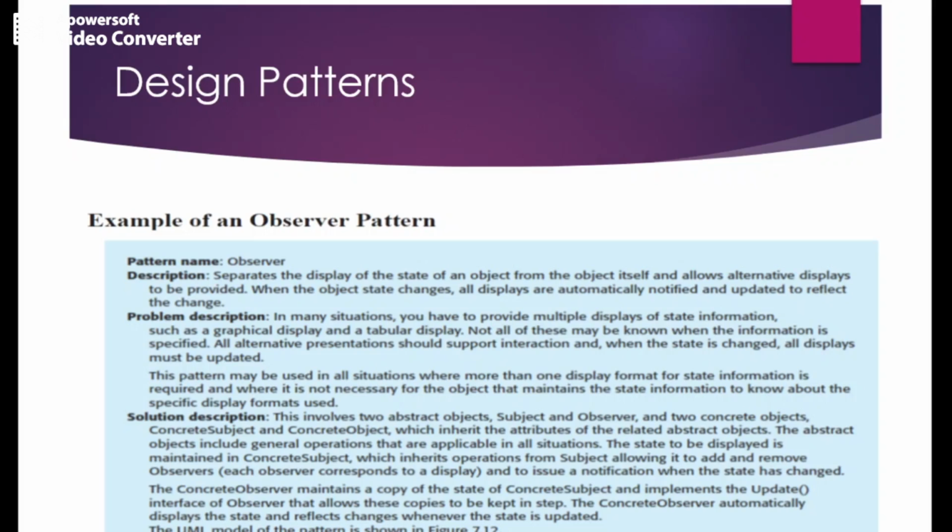It separates the display of the state of an object from the object itself and allows alternative displays to be provided. So you're displaying the state of an object by observation, and you have alternative displays.